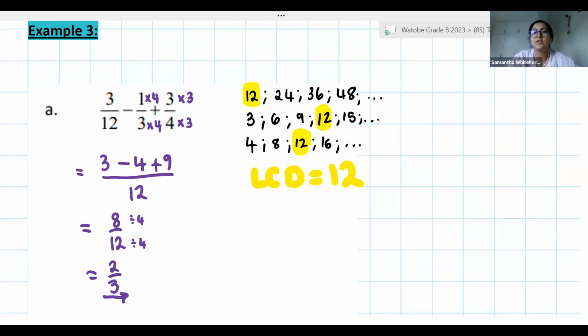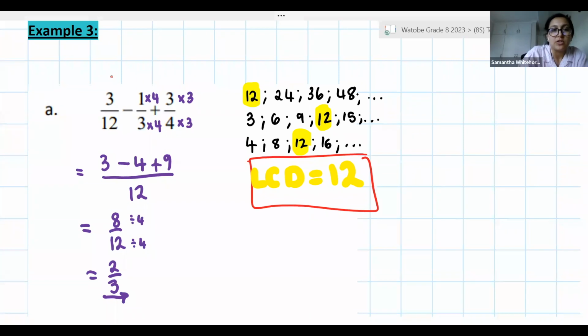Alrighty, guys, so there you have it. What we want to do is we want to make all of our denominators the same. So that meant we had to make them all the LCD of 12. And so this is the multiplication I did here. This would then be 3 over 12 minus 4 over 12 plus 9 over 12.